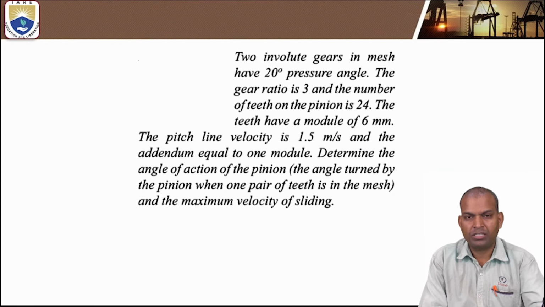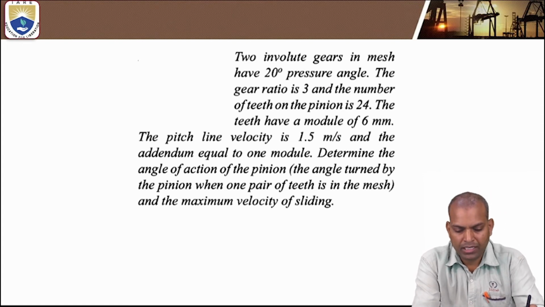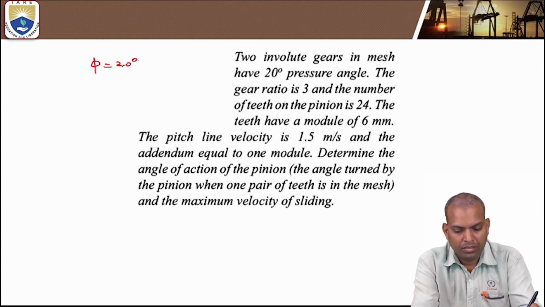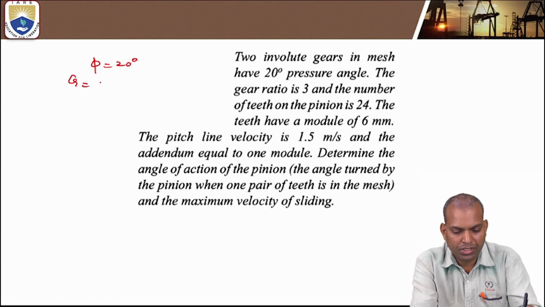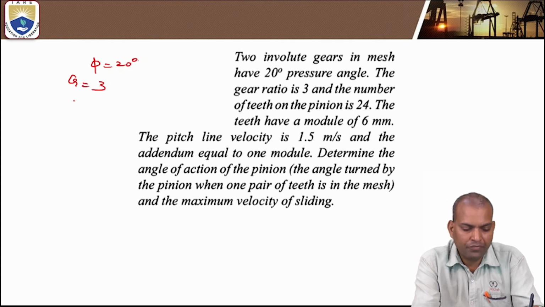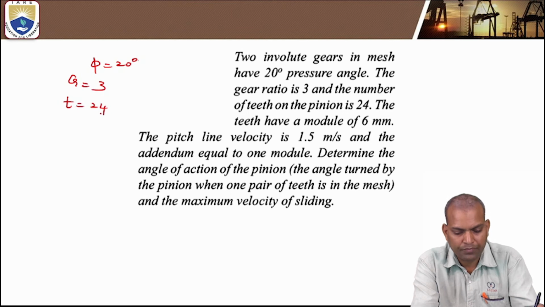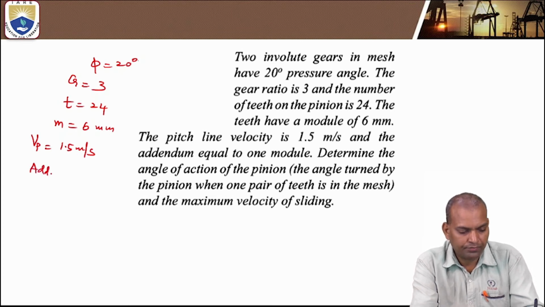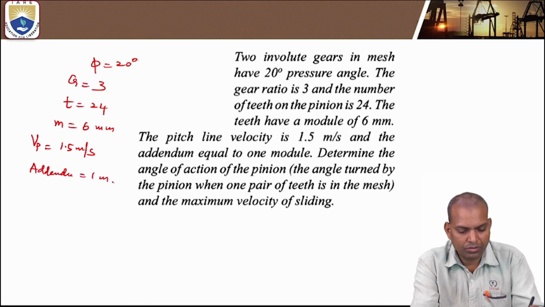The next problem: consider two involute gears in mesh with a 20-degree pressure angle. The gear ratio, capital G, equals 3, and the number of teeth on the pinion is 24. The teeth have a module of 6 millimeters. The pitch line velocity is 1.5 meters per second, and the addendum equals 1 module.